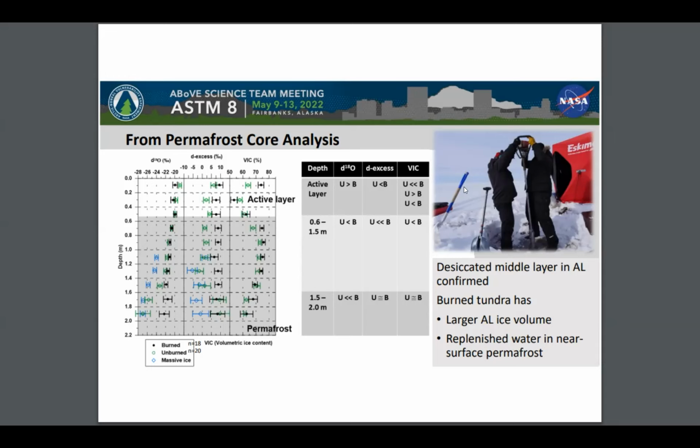We found a significant difference in the water isotope profile at the burn site and increased soil moisture in the active layer and upper near-surface permafrost layer. That confirmed the deep thawing after the tundra fire and recovery within 10 to 15 years.